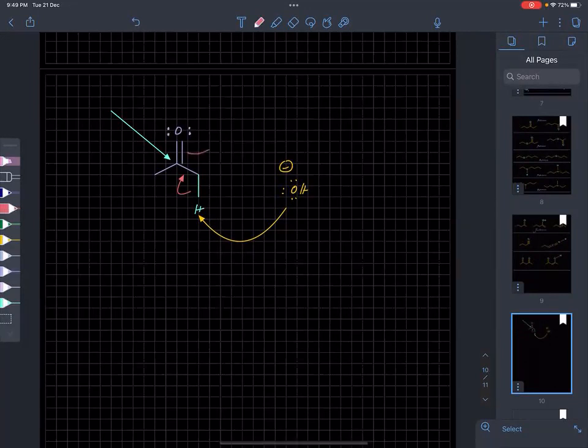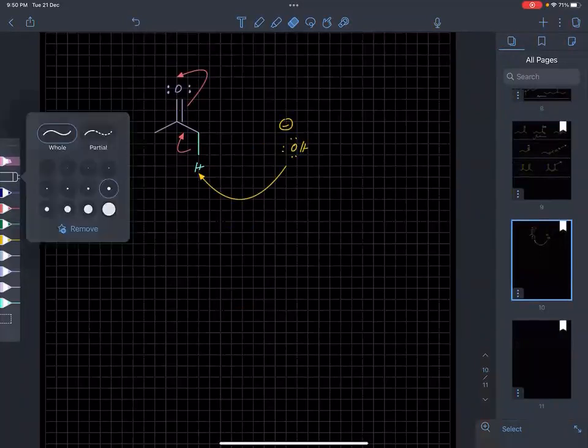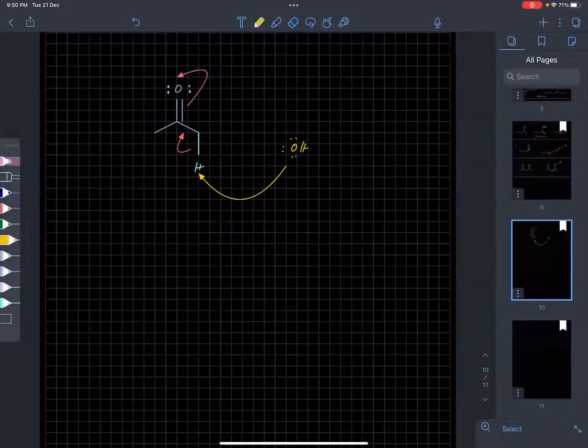It will convert this pi bond into a lone pair. Are you understanding? Yes, sir. So this will become a lone pair. Clear? Like this. So what will we get after this? Tell me.